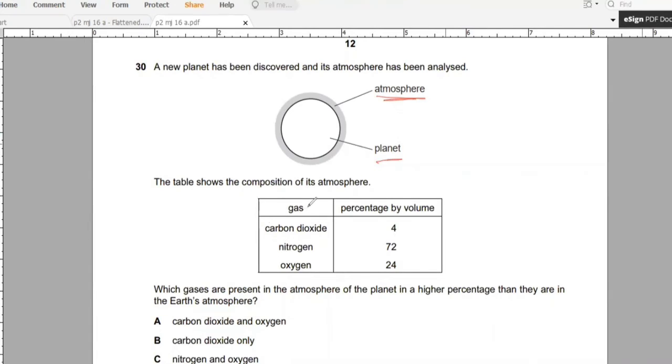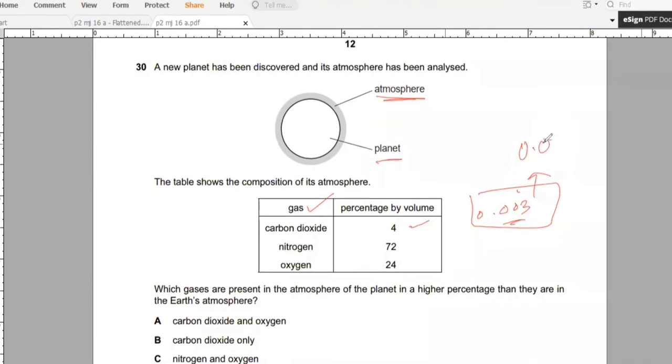The gases in the table are carbon dioxide, nitrogen, and oxygen with their percentages. The carbon dioxide percentage by volume is 4, but we know the exact value in our atmosphere is 0.004. It was 0.003, and after a few decades it became 0.004. Remember in the textbook, you can find these two figures.